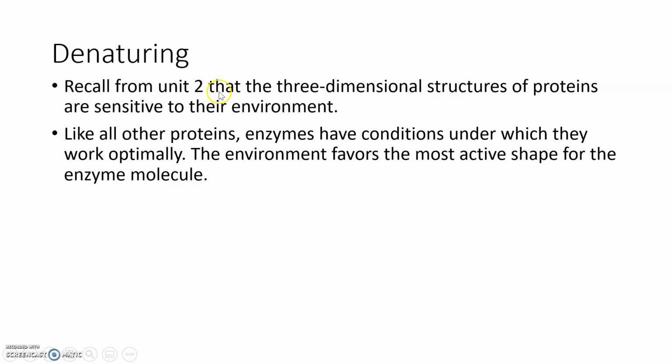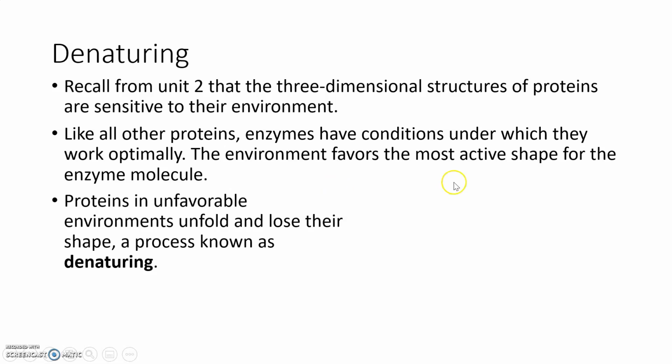So again, a little bit of review from a couple chapters ago. Proteins have a very specific three-dimensional structure, and that structure is sensitive to its environment. Like all proteins, there are conditions under which the protein will work optimally.